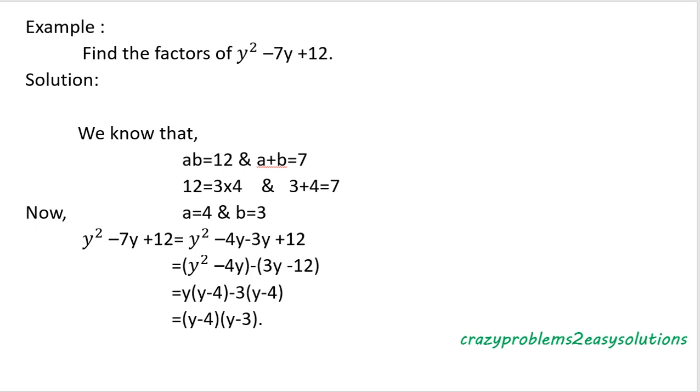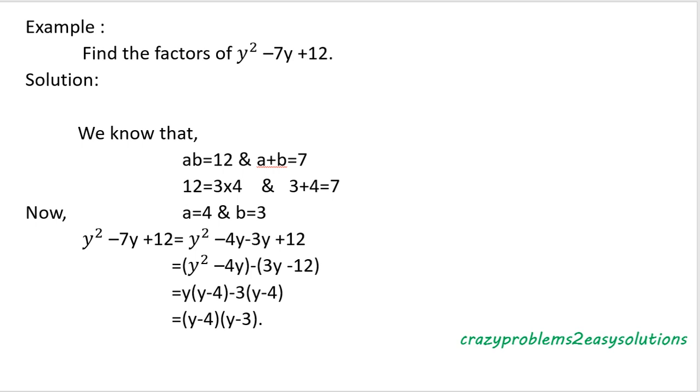Even 6 into 2 is 12, but adding them gives 8, and here minus 7 should come, right? So we consider 3 into 4. 3 fours are 12, and 3 plus 4 equal to 7. So a and b are 3 and 4.